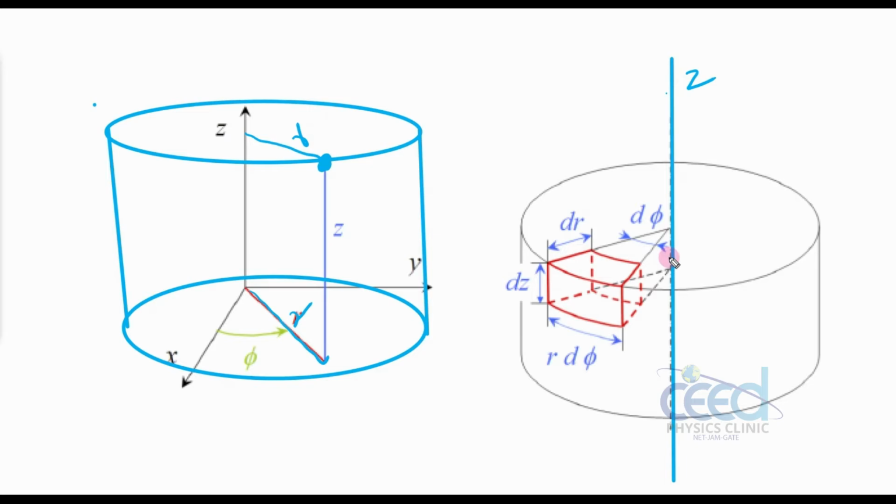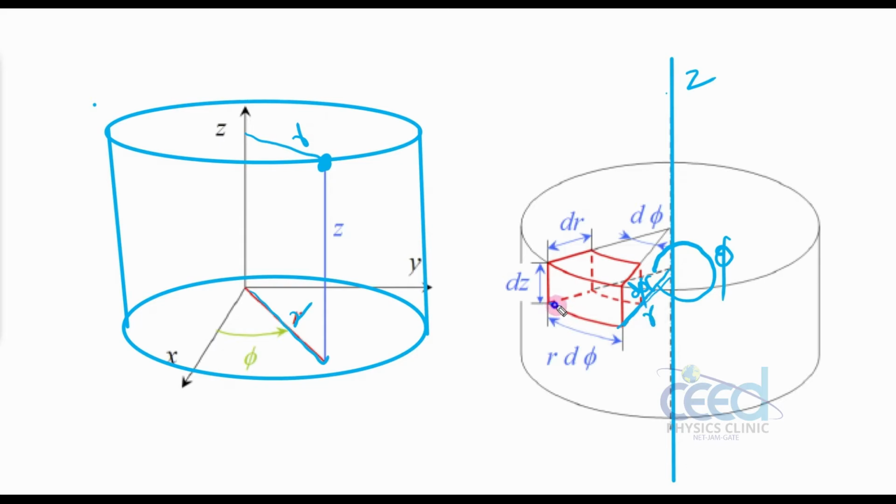Now you can see the angle phi. We are taking phi in the anti-clockwise direction, so it can take values from 0 to 2 pi. And this is a small angle d phi.